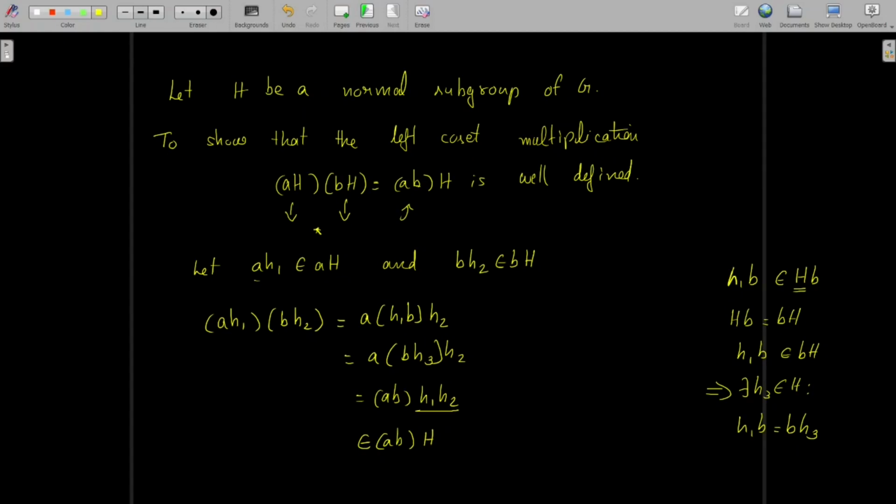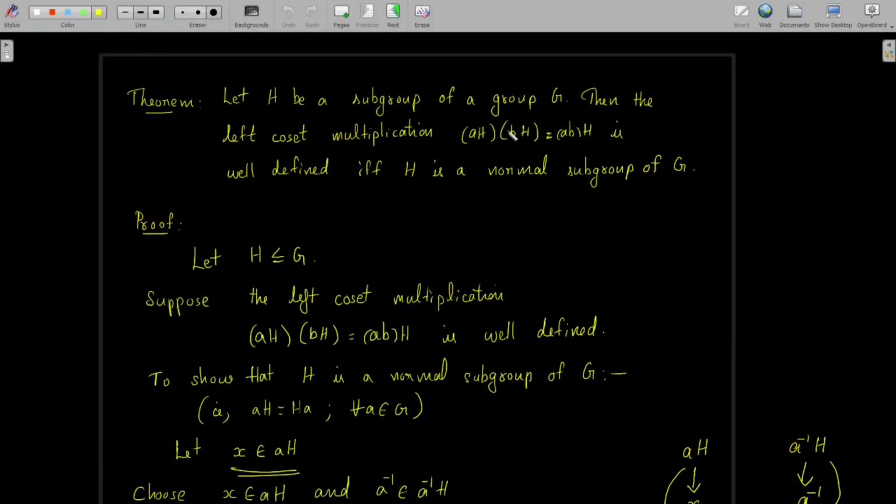So, if we take any element Ah1 belongs to AH and any element Bh2 belongs to BH, we showed that the product always belongs to ABH. That means that the left coset multiplication is well defined here. Hence, we showed that the left coset multiplication AH into BH equal to ABH is well defined if and only if H is a normal subgroup of G.